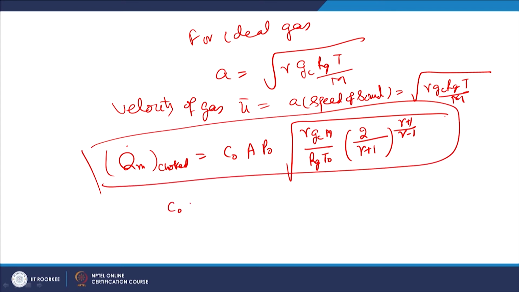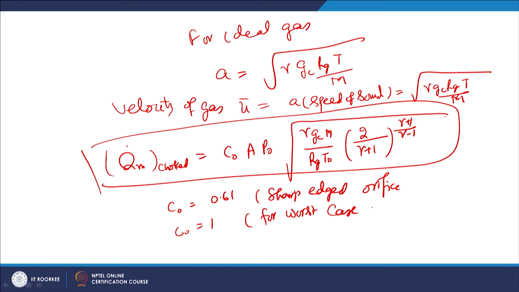Now C naught is equal to 0.61 for a sharp edged orifice and C naught is equal to 1 for the worst case scenario. So these are the two conditions which we may need to encounter during the course of calculation.